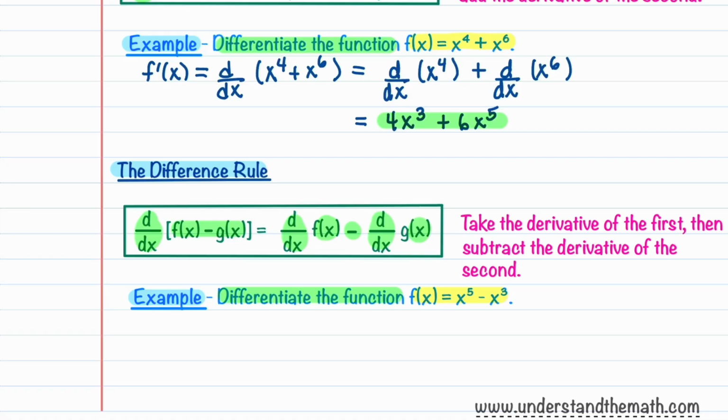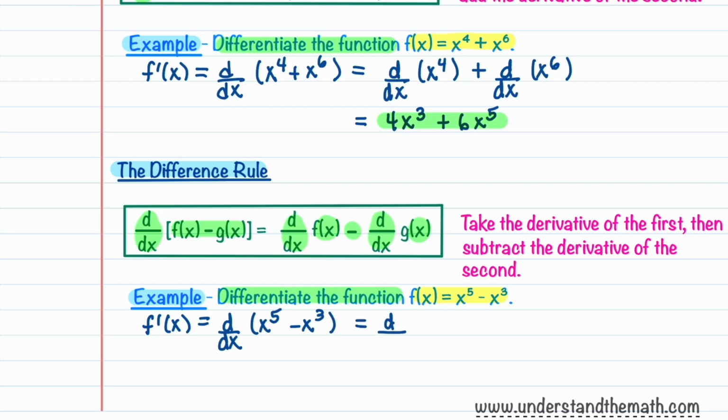You might want to pause the video and see if you can do this one on your own. I bet you can. The derivative, f prime of x, is equal to the derivative with respect to x of x to the fifth minus x cubed. We're going to break this up.